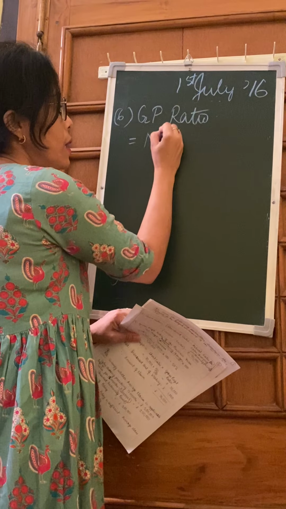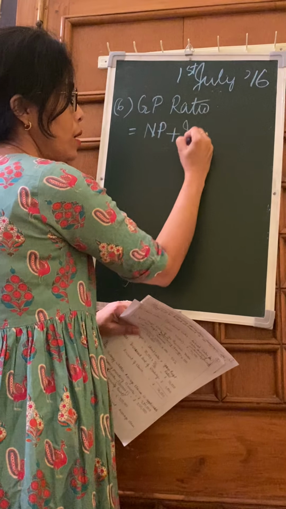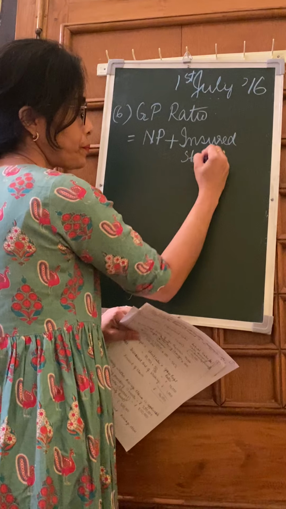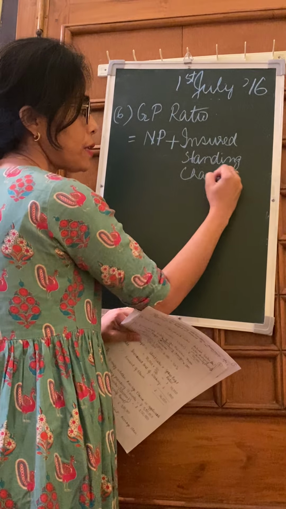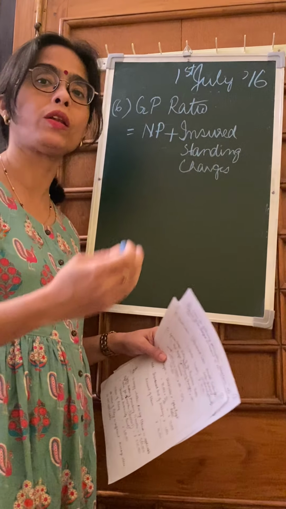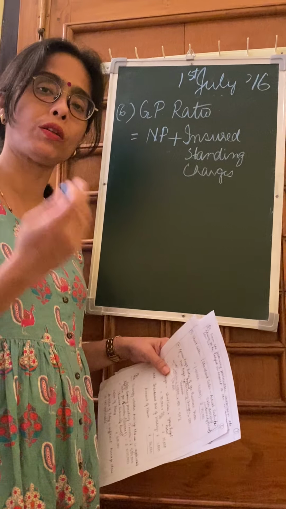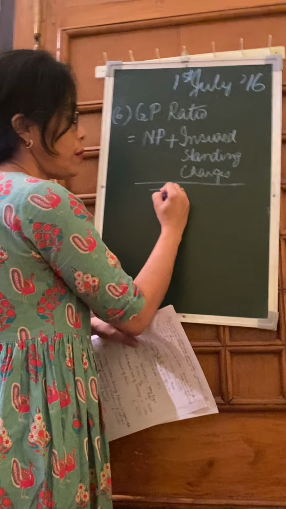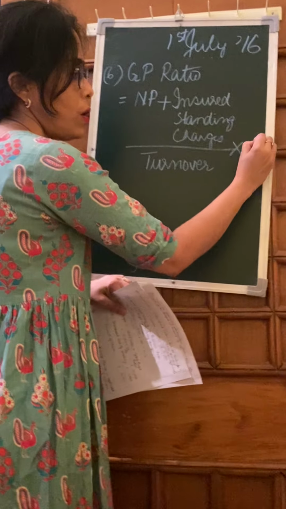It is net profit, denoted by NP, by insured standing charges. These standing charges mean fixed charges, and some of the fixed charges we can include in our policy. So whichever charges have been included in the fixed expenses mentioned in a policy are known as insured standing charges, divided by turnover or sales into 100.